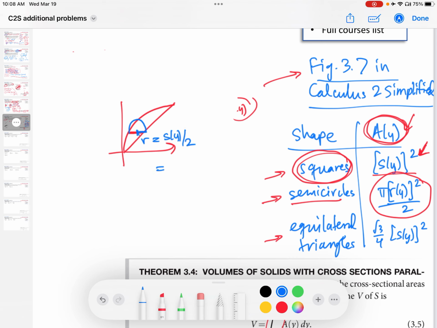Remember that s of y for us was y minus cube root of y. So that was s of y from a minute ago, and now I'm dividing that by 2. That's going to be the radius, this little tiny radius that is going to be used to generate this semicircular cross section. So that's my r of y.